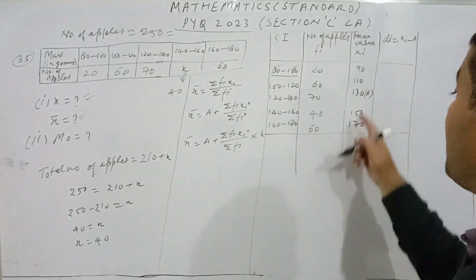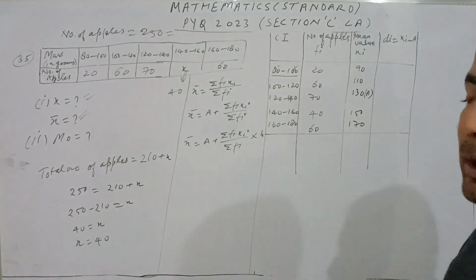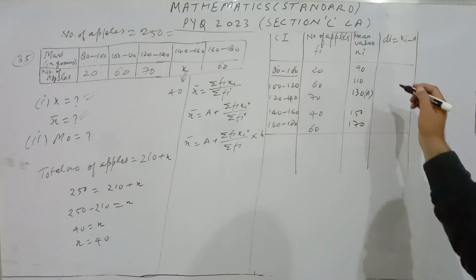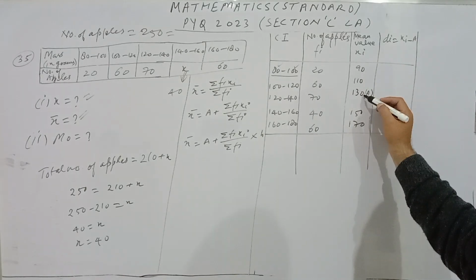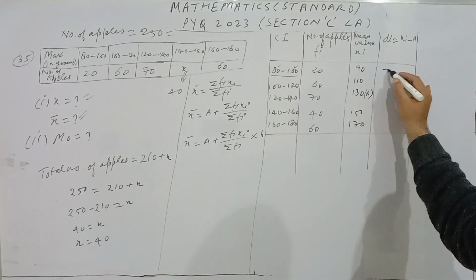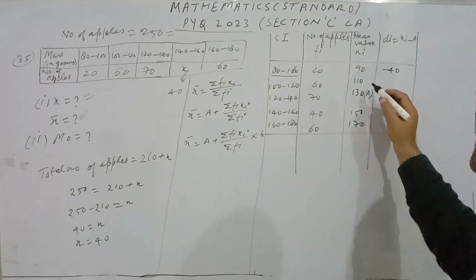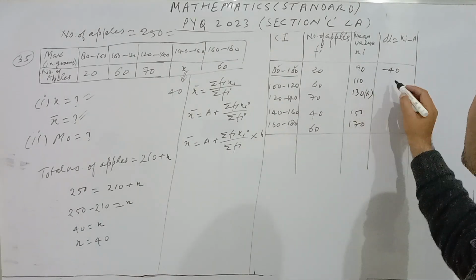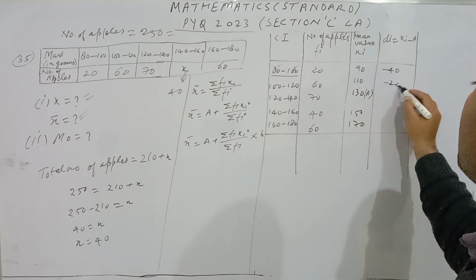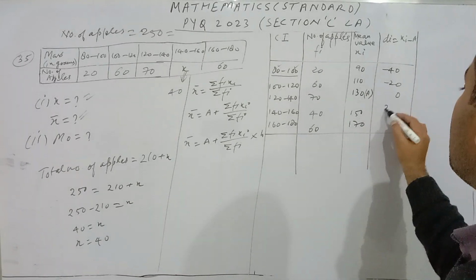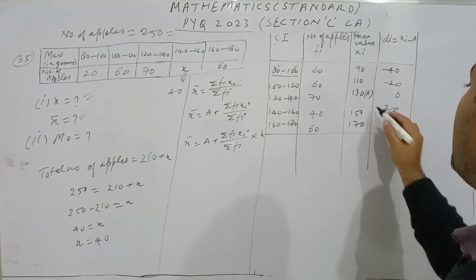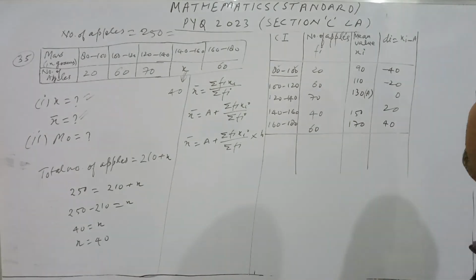So we will assume 130 as a. So what will be the value of di? xi minus a, xi is 90, 90 minus 130 equals minus 40, and 110 minus 130 is equal to minus 20. 130 minus 130 is equal to 0. 150 minus 130 is equal to 20. 170 minus 130 is equal to 40.